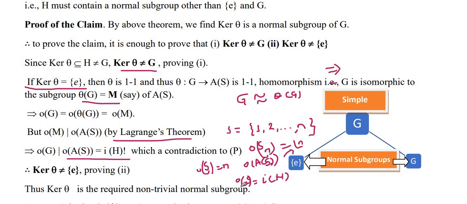And here order of S is I(H), the index of H in G, that is the number of right cosets of H in G. Then order of A of S must be I(H) factorial.